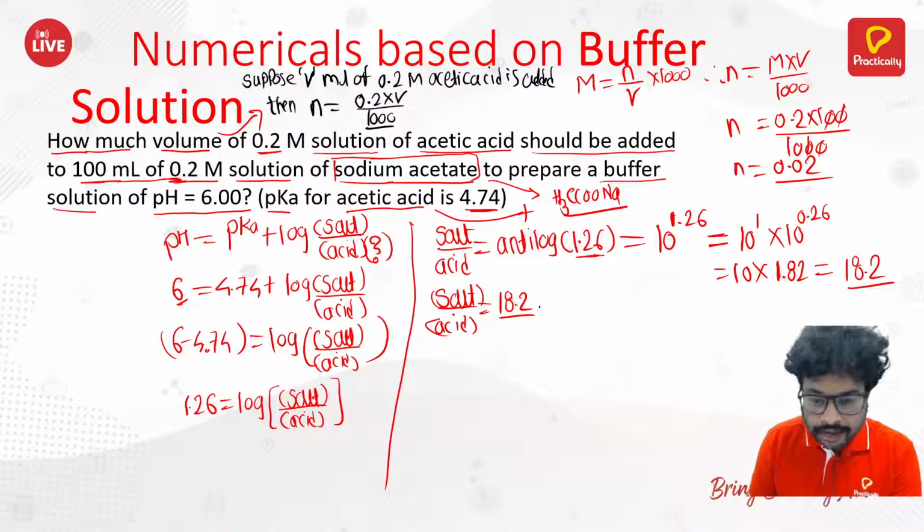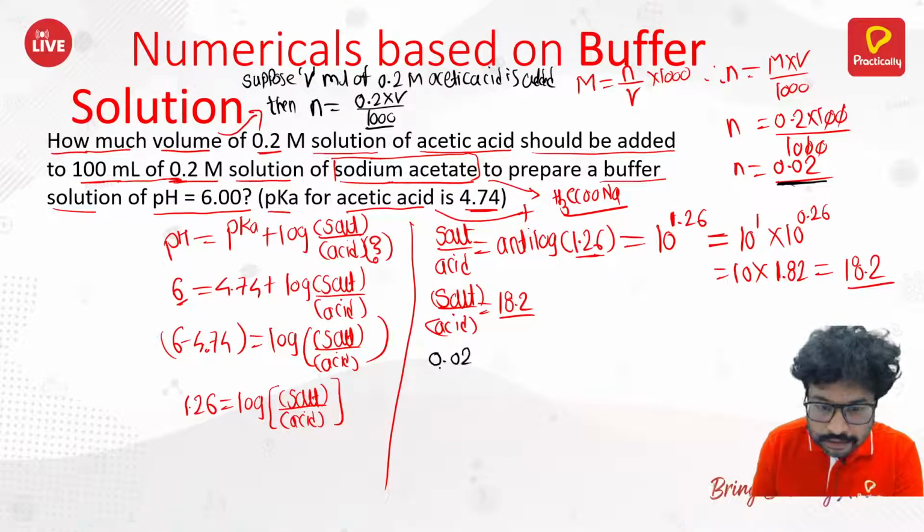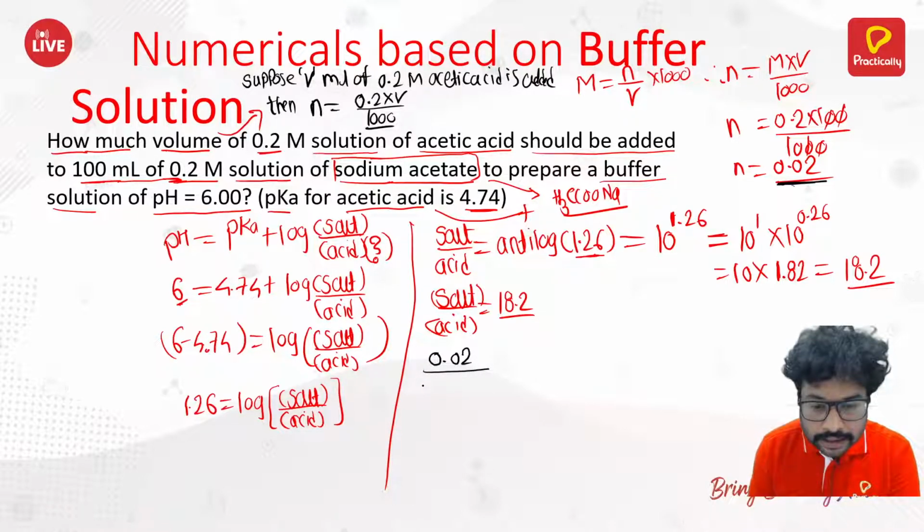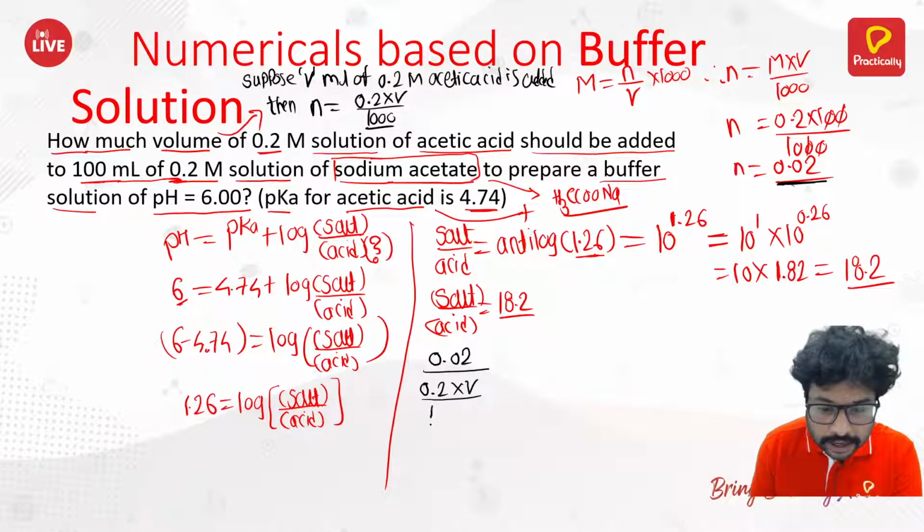Substituting that value here, what do we get? The concentration of salt is 0.02, as we just saw. So 0.02 divided by 0.2 into V divided by 1000 is equal to 18.2.